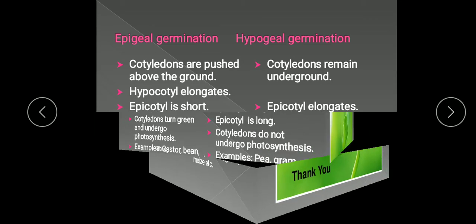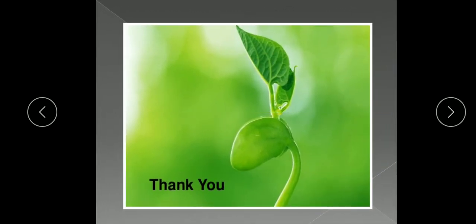So students, you have understood what seed germination is and what the conditions required for seed germination are. Seed germination is the process of formation of a seedling from the embryo. Conditions necessary for seed germination are water, air containing oxygen and suitable temperature. The types of seed germination are epigeal germination and hypogeal germination, and their differences.